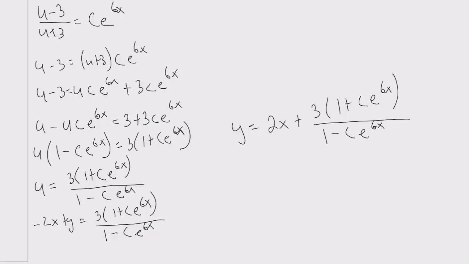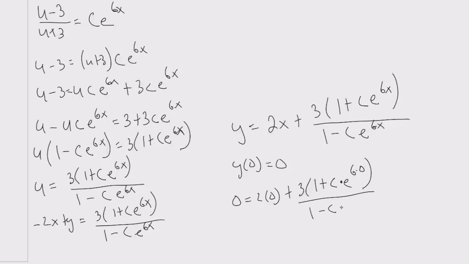And normally, in the past couple examples, we just stop and say yay. But we have that initial condition from the start. So the initial condition was y of 0 equals 0. So if I put a 0 in there, 0 equals 2 times 0 plus 3 times (1 plus c e to the 6 times 0) over (1 minus c e to the 6 times 0).